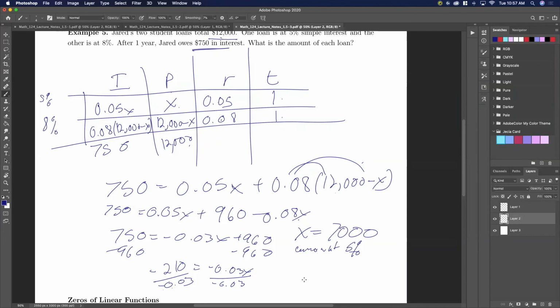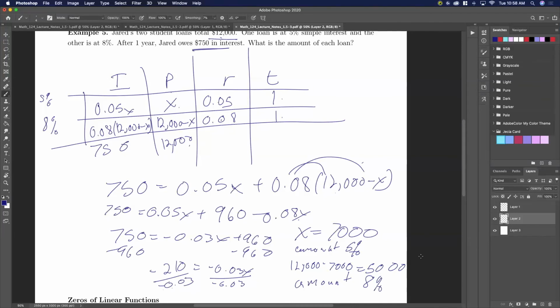So the amount in the 8% account is what? Well, it'll be 12,000 minus the 7,000, because we know what x is now. And that is 5,000. And so you have your answer. Jared took out 7,000 at the 5% and 5,000 at the 8%. And then you just type that in.